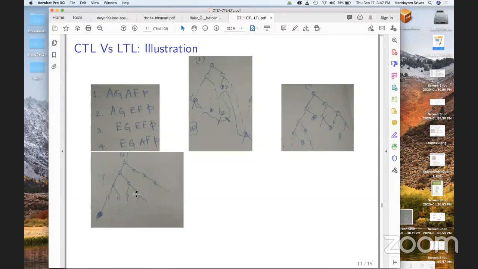And since I have marked it here, you see this state, this state, this state, all of them hold good. And once P holds good in here, all the paths originating from there satisfy EF of P also.